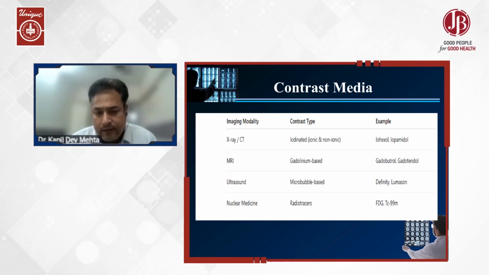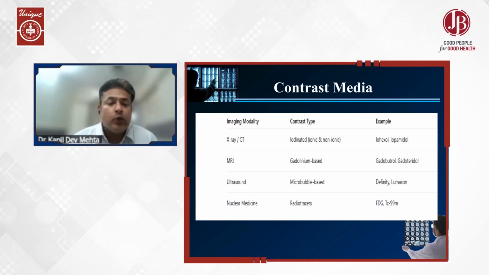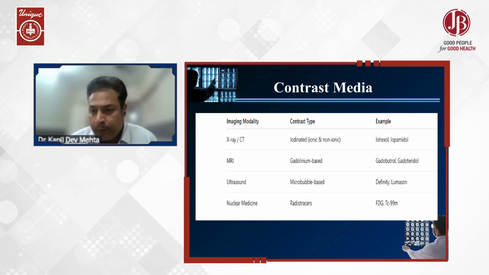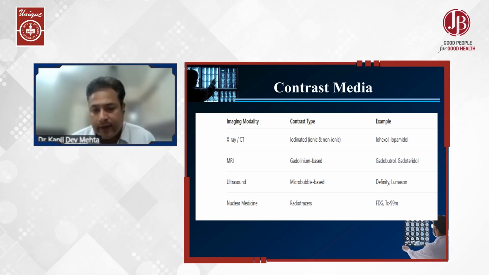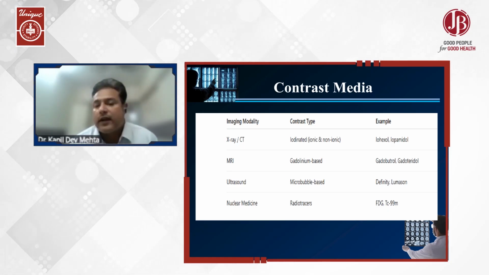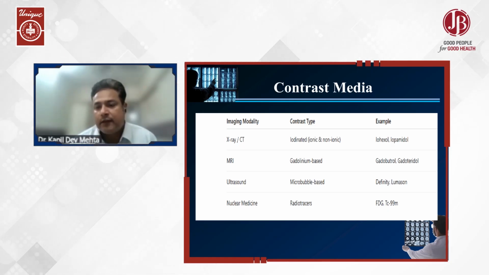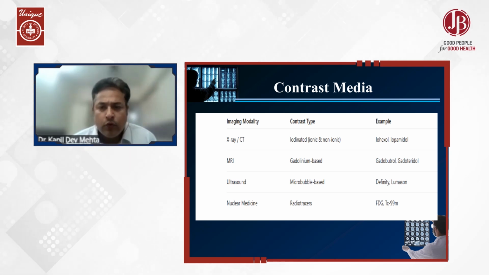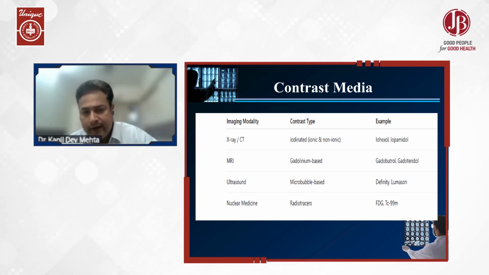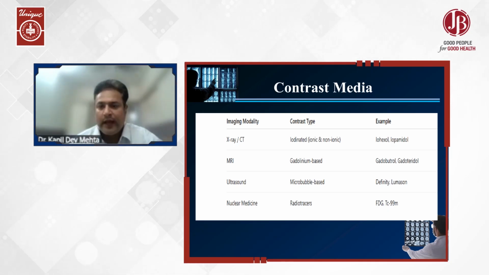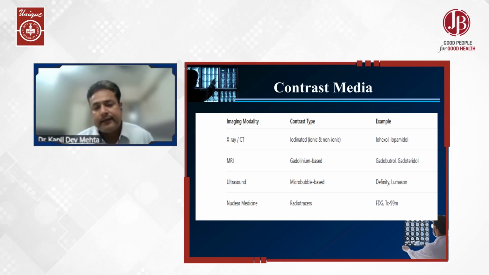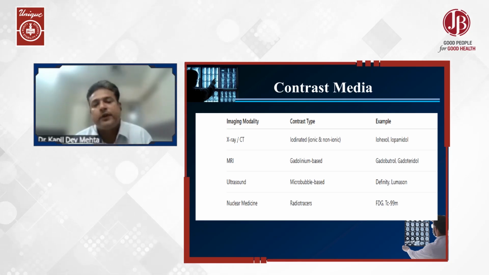And nowadays, even in nuclear medicine, like PET scan, positron emission tomography, they use radiotracers like FDG, fluorodeoxyglucose. So contrast media differs upon the type of imaging a doctor wishes to choose, and accordingly, that contrast media should be used.